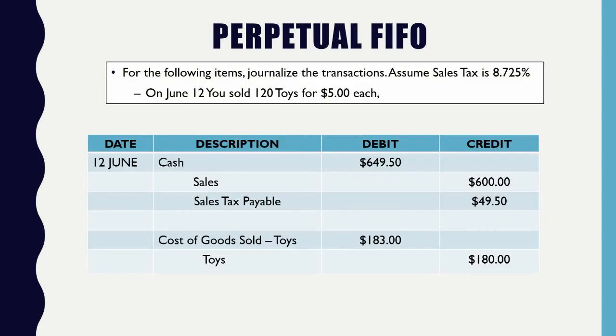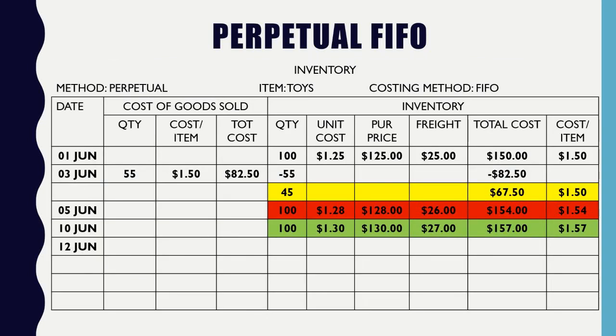So then let's see what happens when we sell something, okay? On June 12th, you end up selling a total of 120 toys. So if I sold a total of 120 toys, let's take a look at my batches of inventory. I have three batches of inventory.